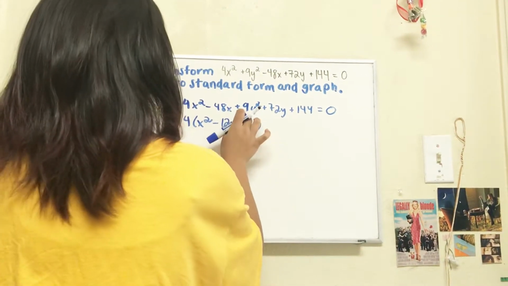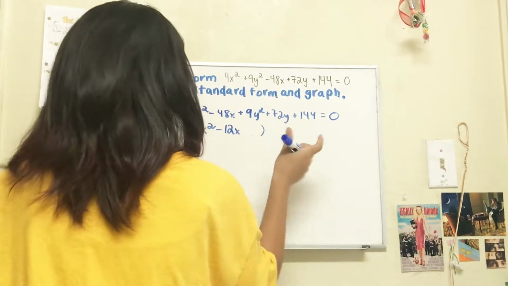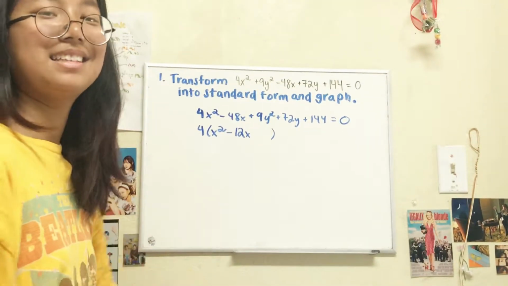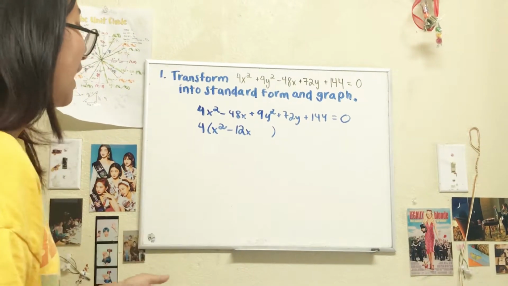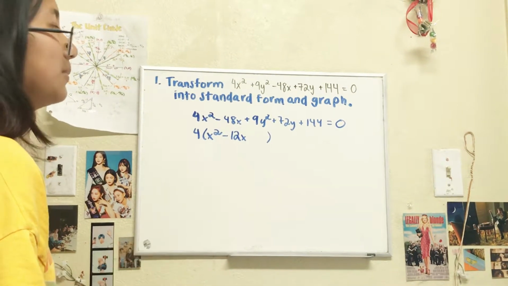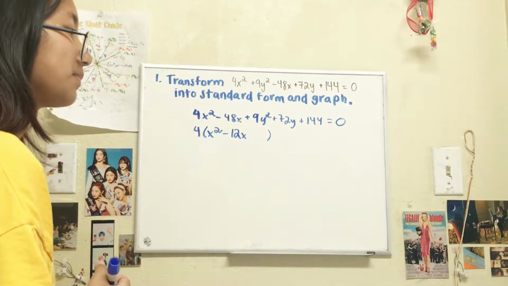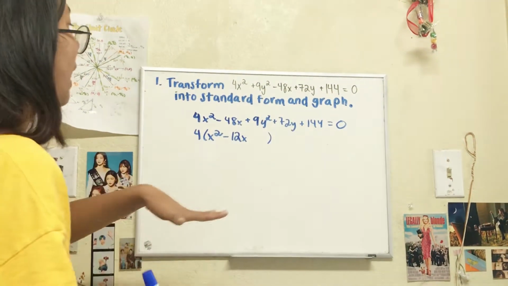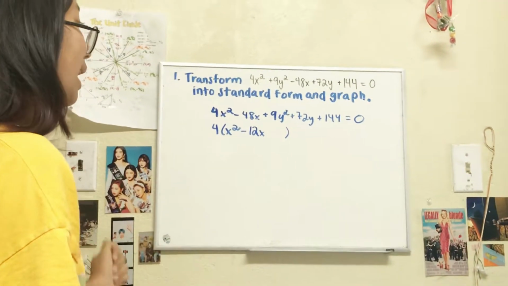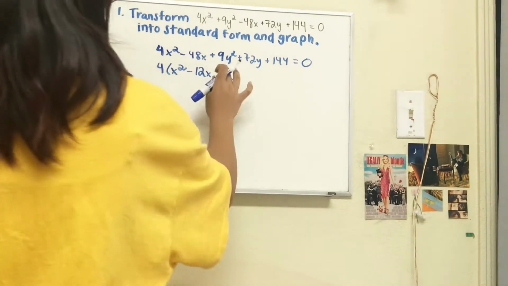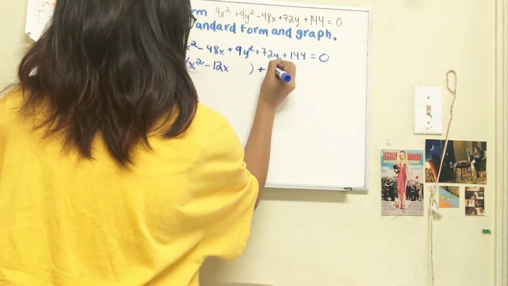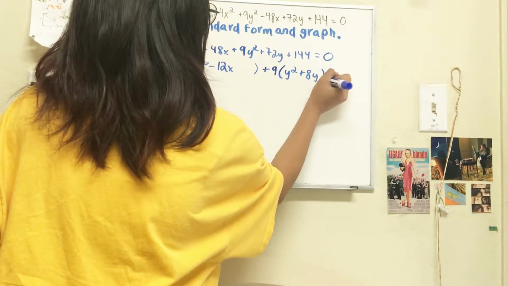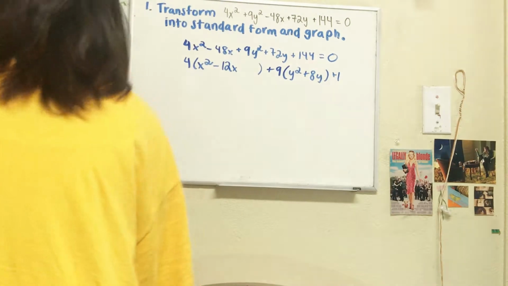And then moving on to the y values, we can now simplify the y values by bringing out a 9, or by dividing both by 9, to get 9 multiplied by y squared plus 8y plus 144.